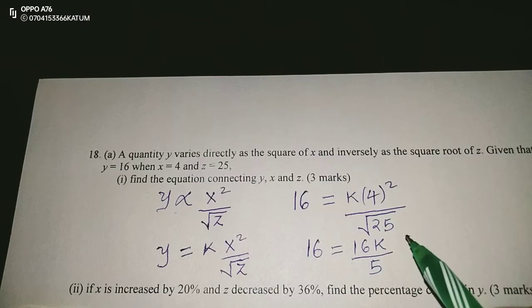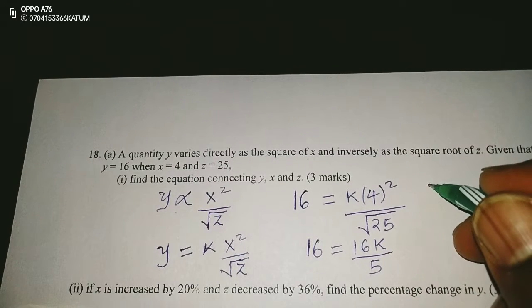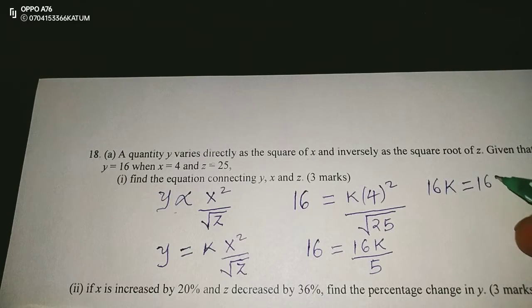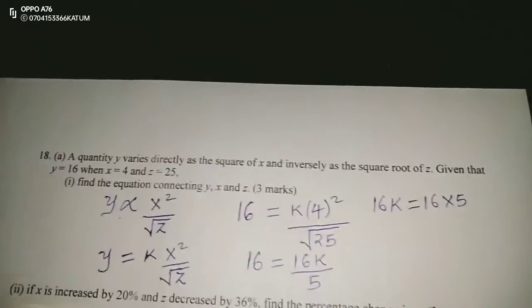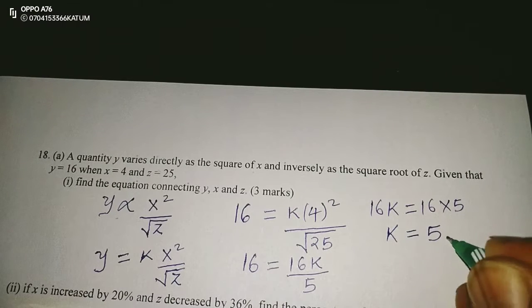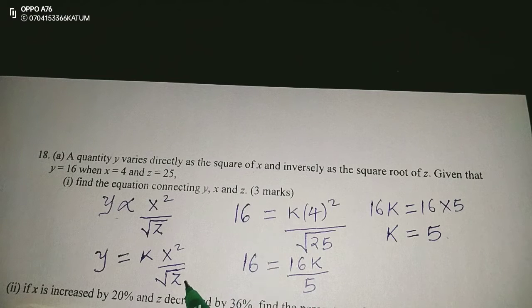That means we can multiply by 5 all through, and 16k will be 16 times 5. That means for us to get the value of k, we need to divide through by 16 and k becomes 5. Now the equation connecting y, x, and z is the equation here, but now with a known constant.